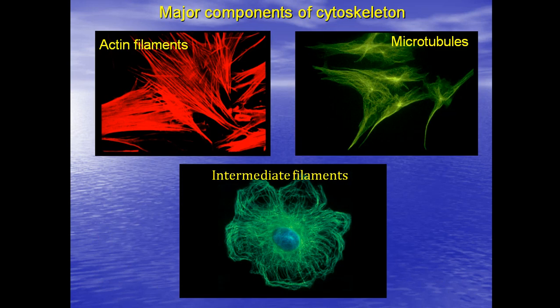So if you observe these different types of cytoskeletal elements under the electron microscope, they appear like this. The major components, actin filaments, microtubules, as well as the intermediate filaments, appear like this under the electron microscope.